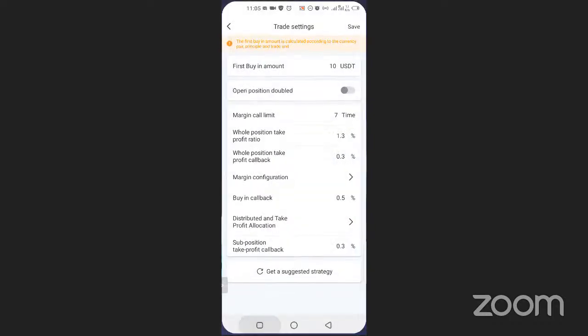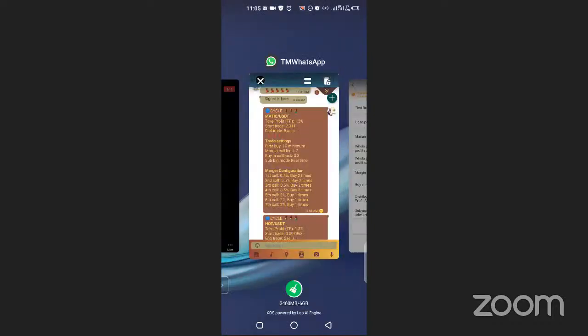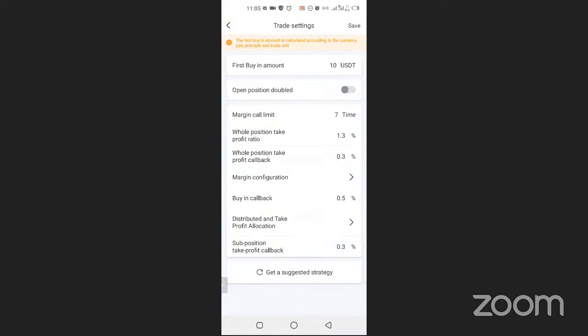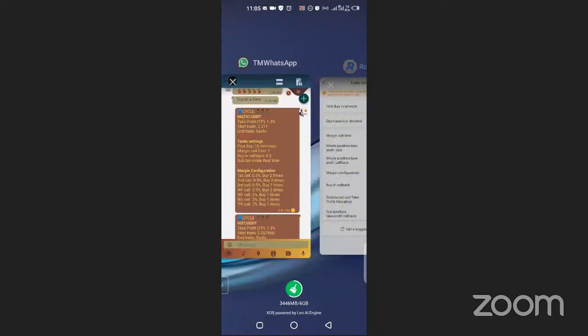Then let's go back here. It says real-time settlement. Okay, then I save this. The buy-in callback cannot be higher than the margin call. The buy-in callback, okay. So I hadn't seen the buy-in callback is 0.3.